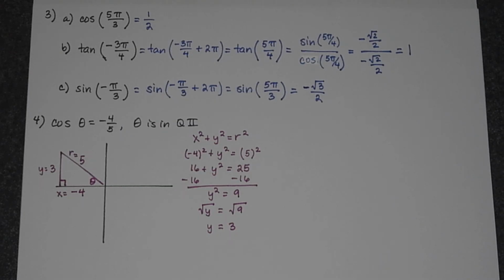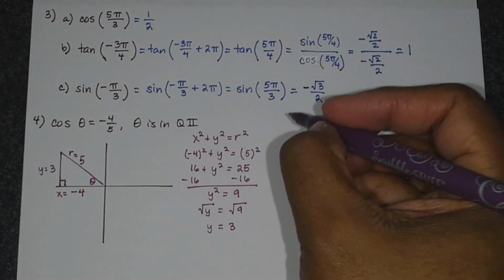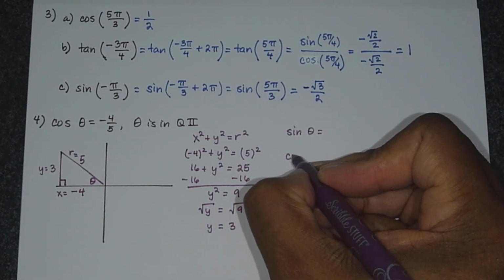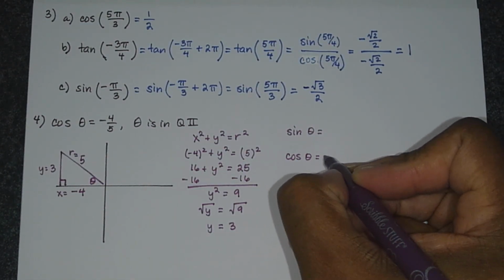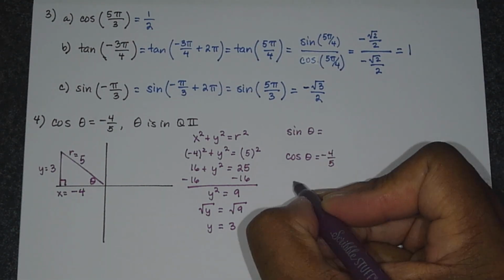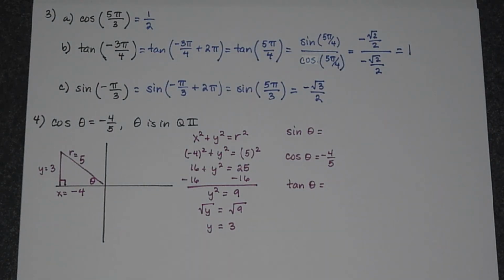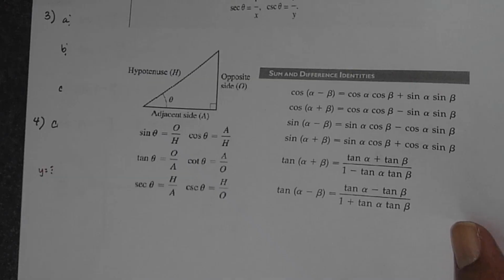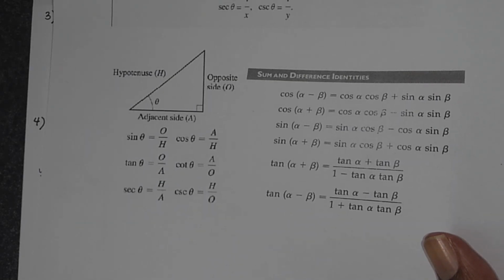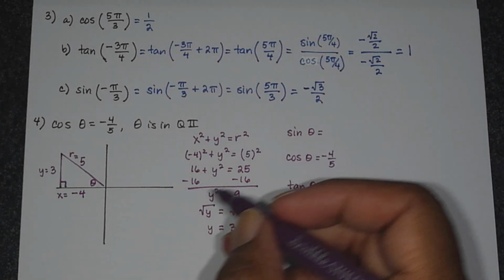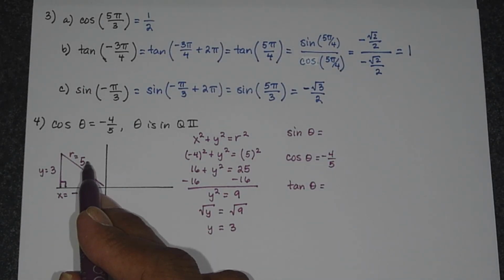Okay, so now I can go ahead and find what the sine of theta is. I know what the cosine of theta is. That's -4/5. And then the tangent of theta, that's where we use these identities, these properties here. So the sine is going to be the opposite over the hypotenuse. So what will the sine of theta be equal to?